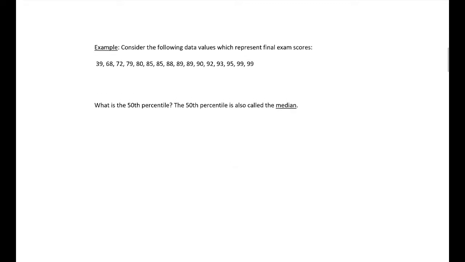The question is, what is the 50th percentile? It turns out that the 50th percentile is the same thing as the median. Using that formula from before, I'm going to rewrite it here for convenience. Remember, I, the index, is equal to K times n plus 1 divided by 100. K represents the percentile, so we're trying to find the 50th percentile, so our formula becomes 50 times n plus 1.